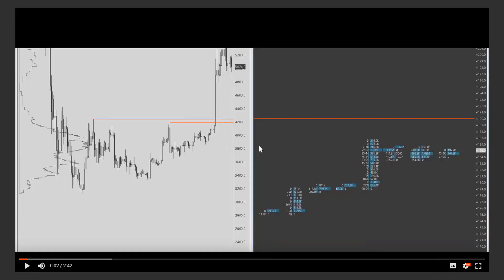This is a daily chart on the left, so that you can see the full picture. And on the footprint, which I've got on the right here, what I'm doing is just replaying this section of price action, below the highs before this breakout, just so you can see what a good breakout should look like.